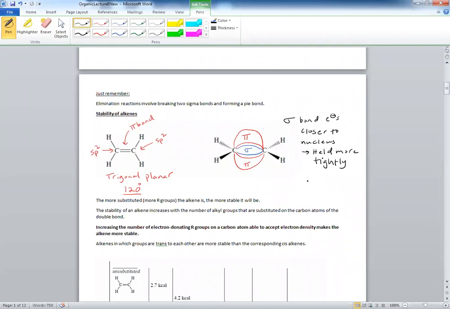While, of course, the pi bond electrons are farther away from the nucleus.